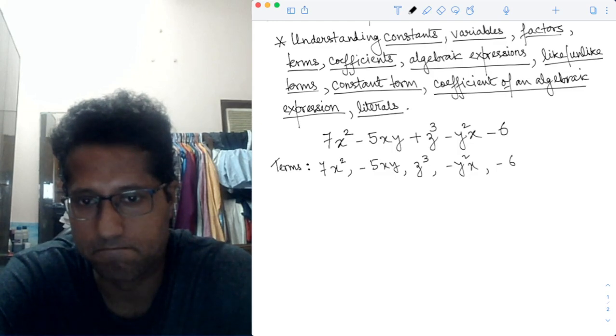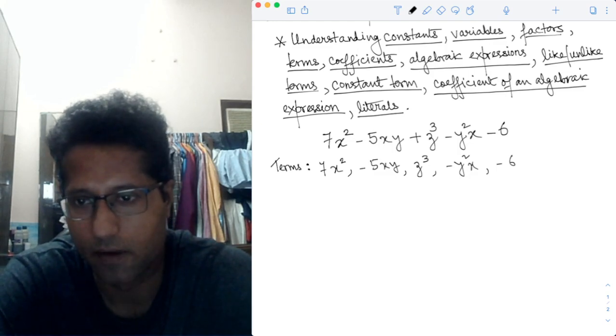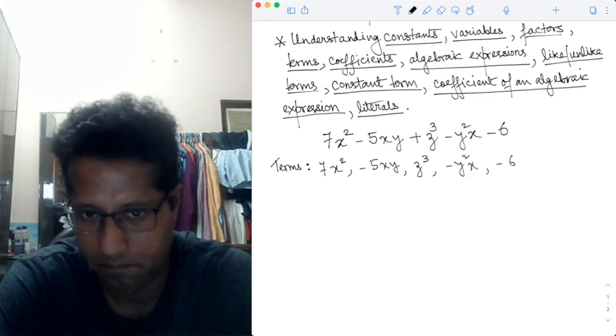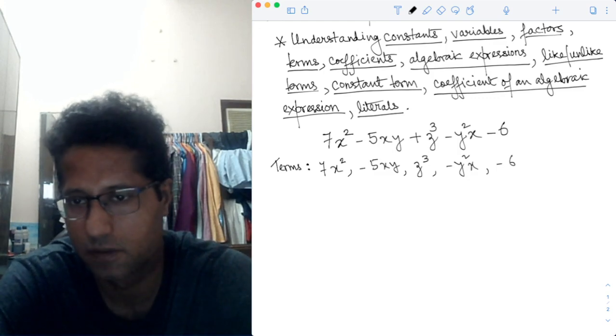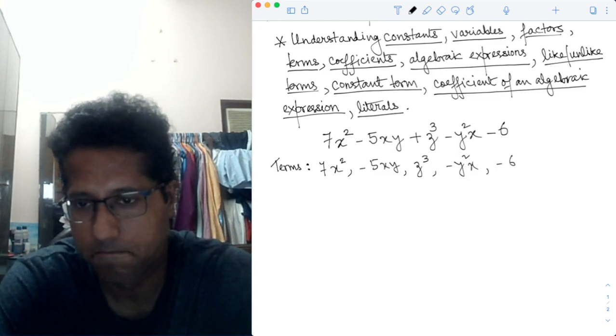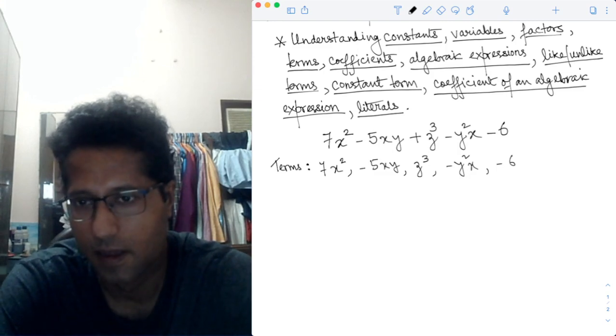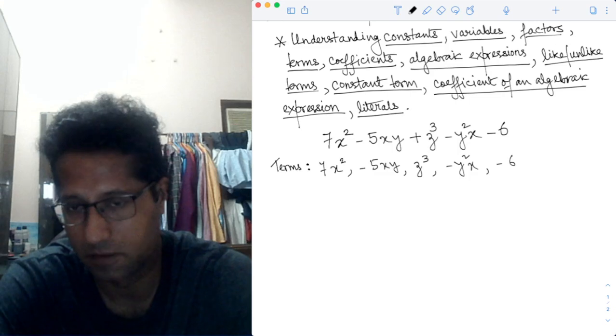Well, to be very honest, I do not have an answer for that. As per my understanding by reading the books, the definition says that the parts of an algebraic expression which are separated by plus and minus are the terms.